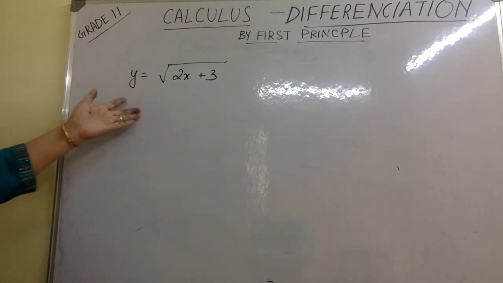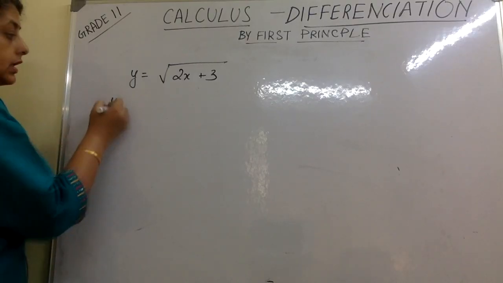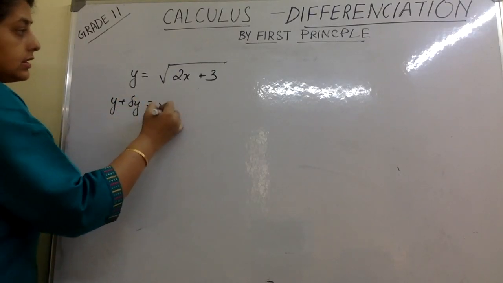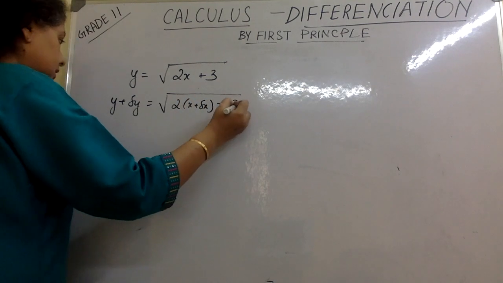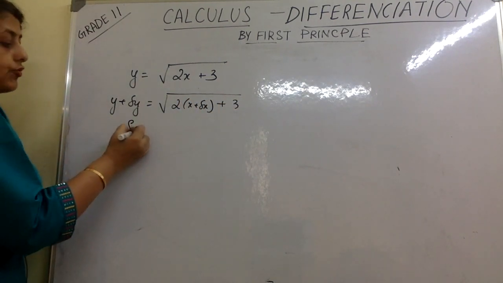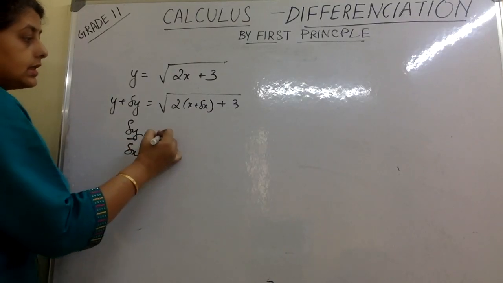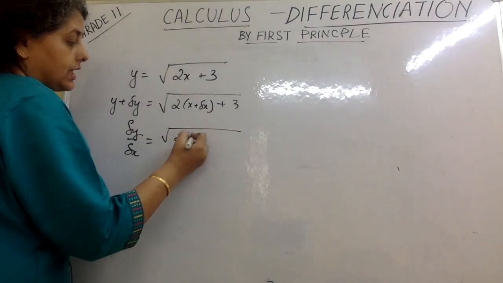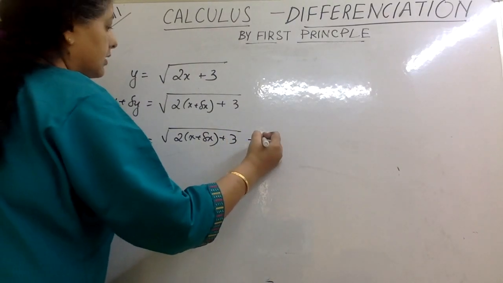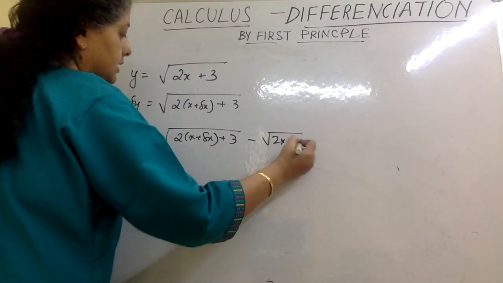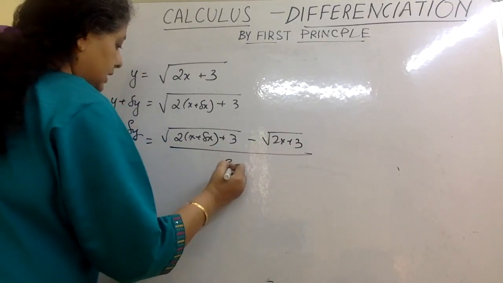This is one with a root. So here again y plus del y, this is root 2x plus del x plus 3. Del y by del x is equal to root 2x plus del x plus 3, minus root 2x plus 3, by del x.